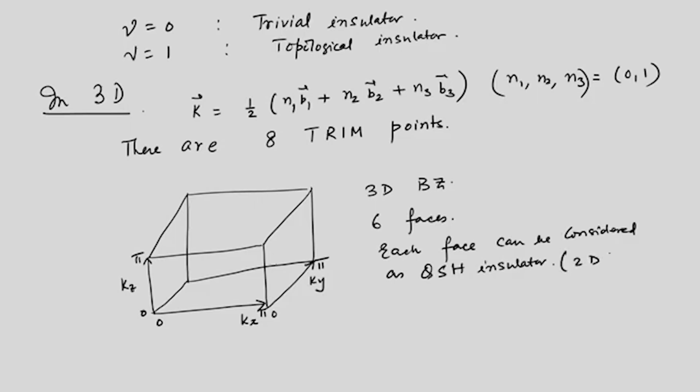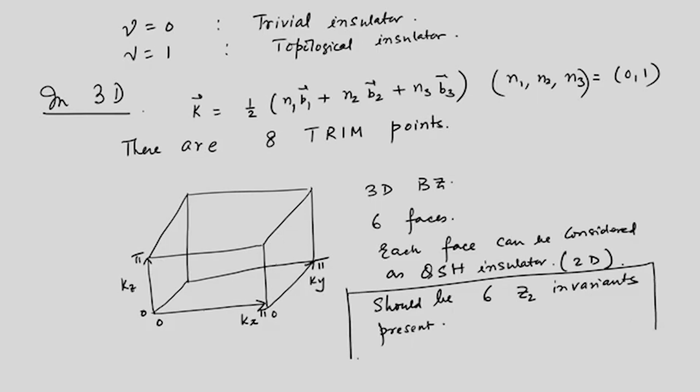So, there should be 6 Z2 invariants present, corresponding to each of these. But all 6 of them may not be independent.